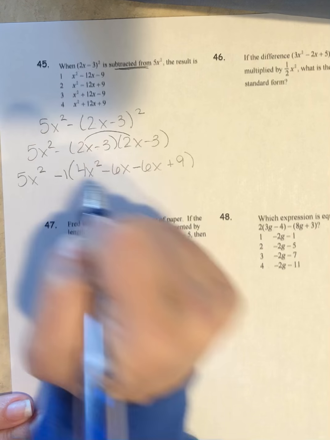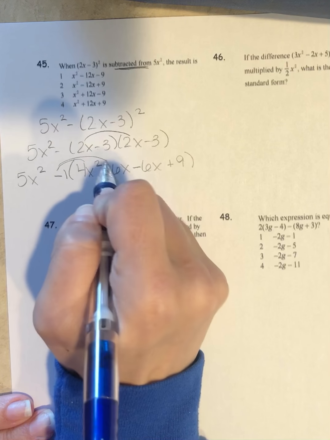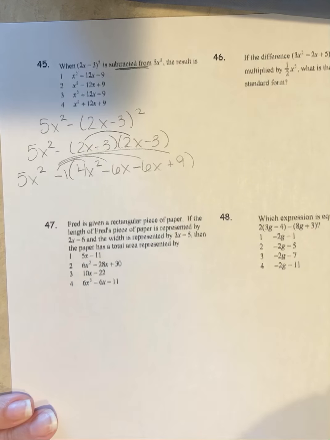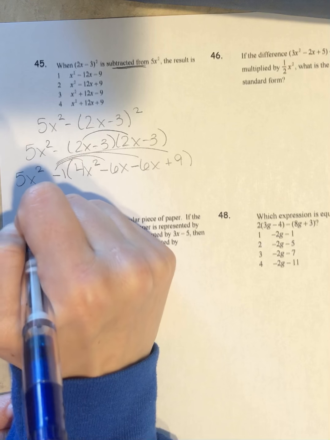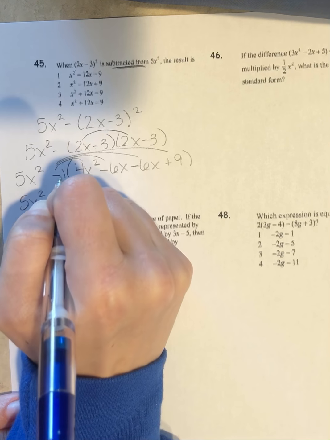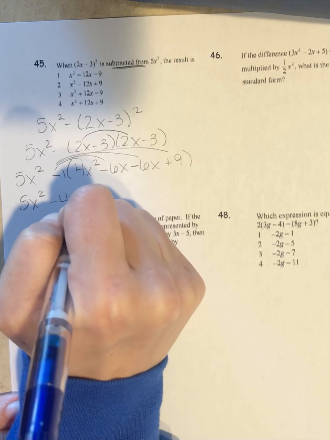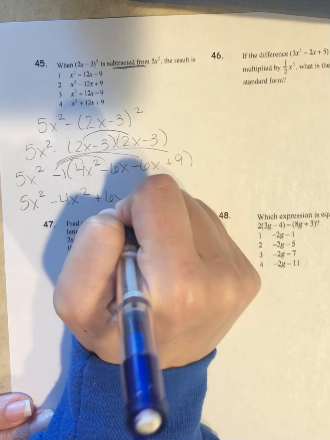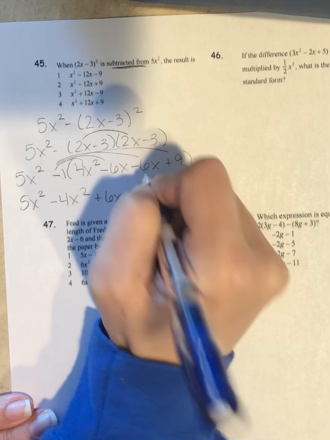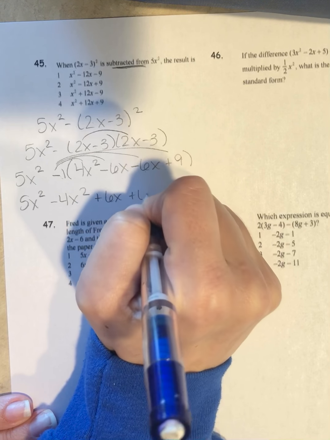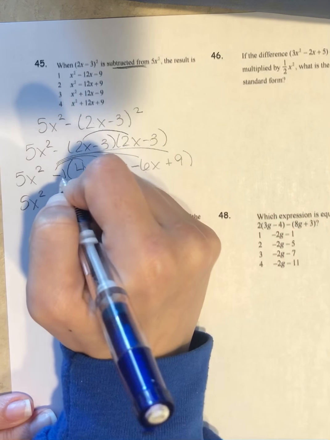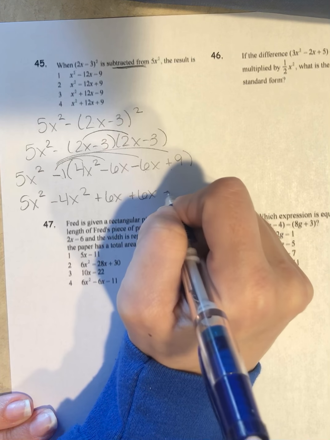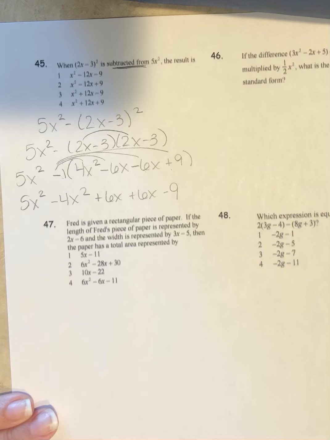Next, we have to distribute this negative 1 that's in front of the parentheses to everything in the parentheses. So we get 5x squared. Negative 1 times 4x squared is negative 4x squared. Negative 1 times negative 6x is a positive 6x. Negative 1 times negative 6x is a positive 6x. And negative 1 times 9 is a negative 9.